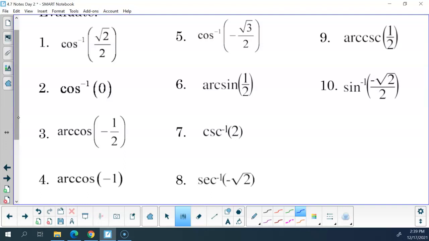Arc cos or cosine inverse, same thing, just like arc sine, sine inverse. Number 1: in my brain, I'm thinking where on the top half of the unit circle is cosine square root 2 over 2. Pi over 4.